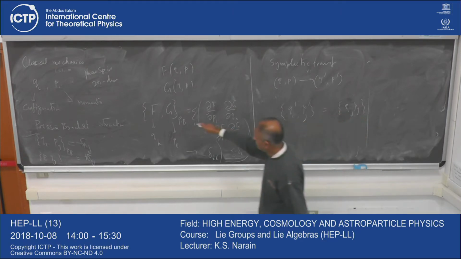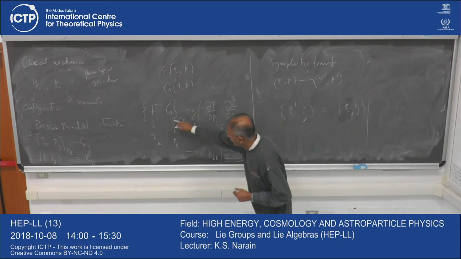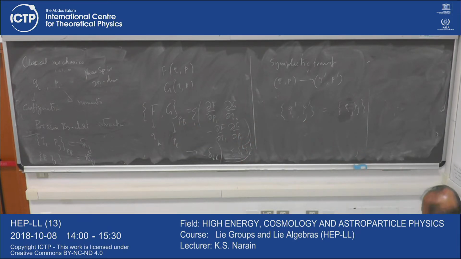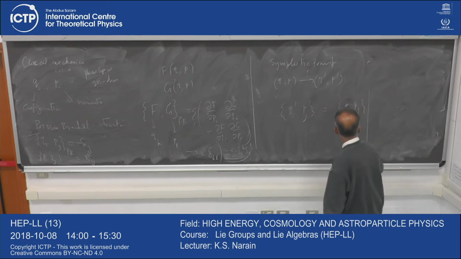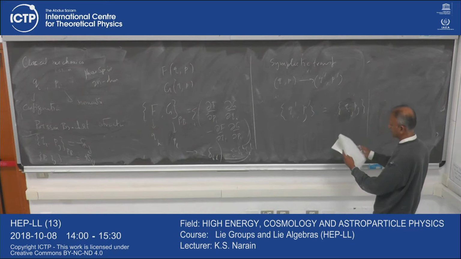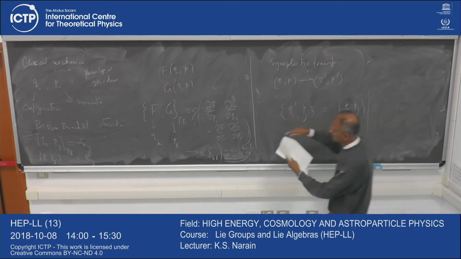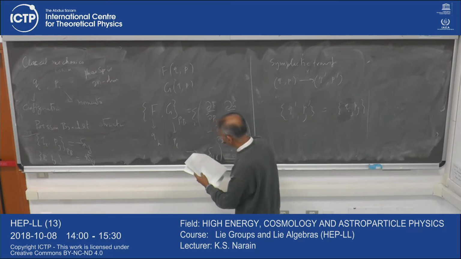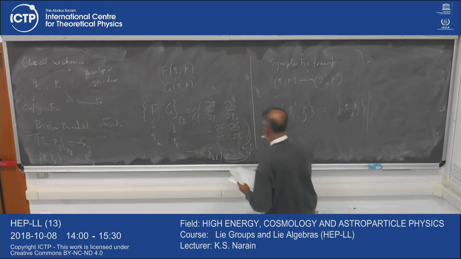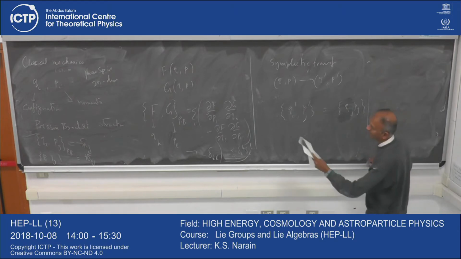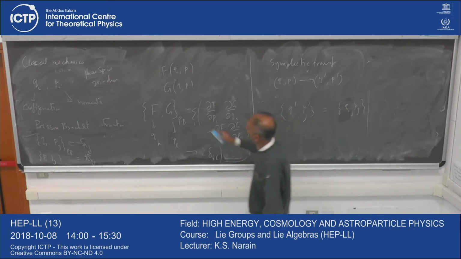More generally, in terms of the functions, I can write this Poisson bracket in a somewhat convenient way. So let's go back here and look at this Poisson bracket. This is how we define it. I can rewrite it by introducing some notation.